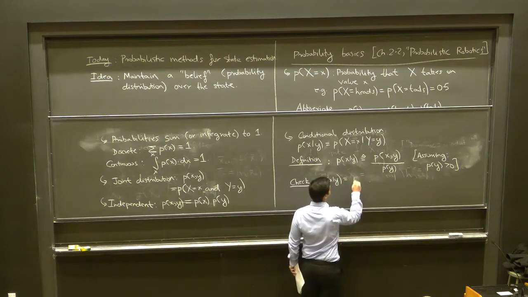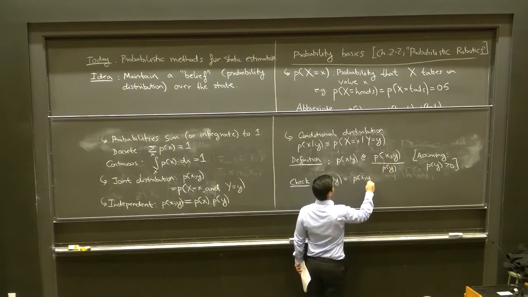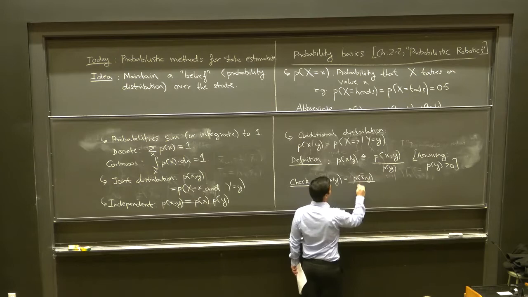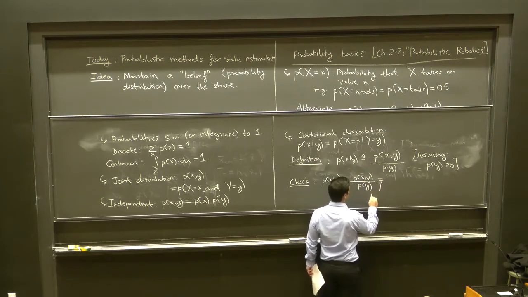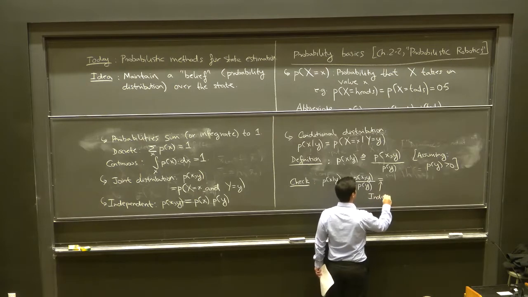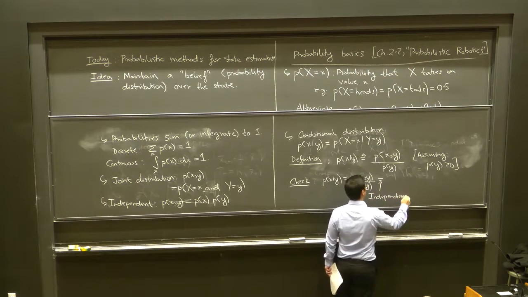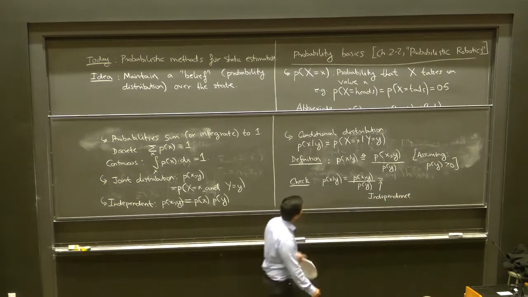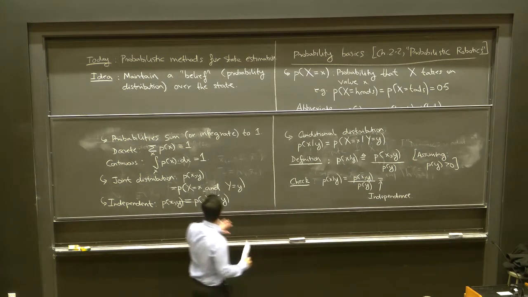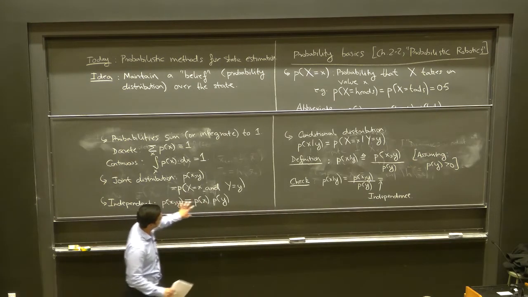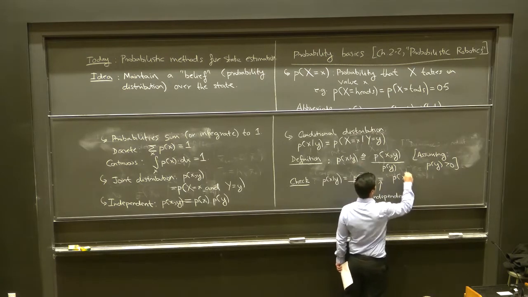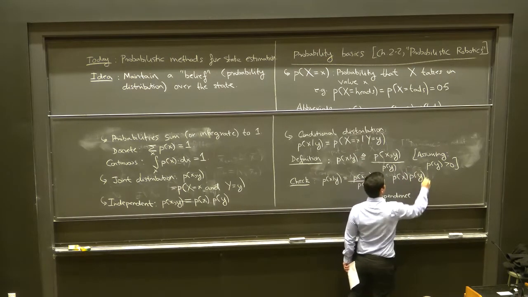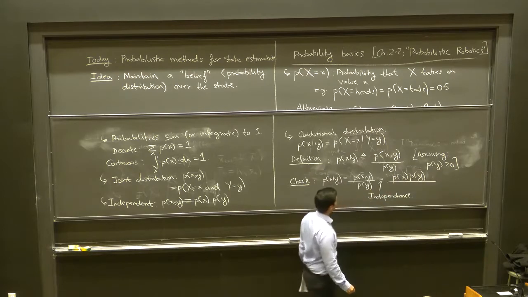So by definition, this is p of x comma y over p of y, and then if x and y are independent, then by the definition of independence, the joint distribution equals the product, divided by p of y.